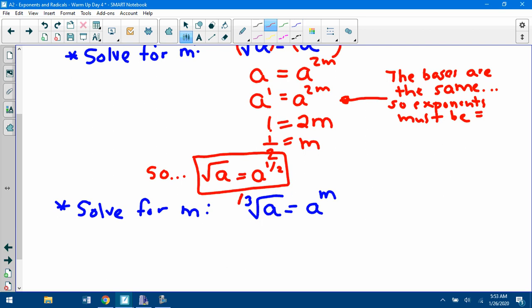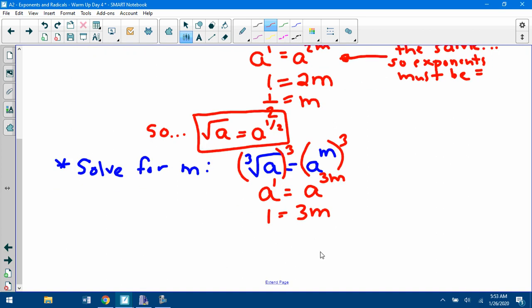Just like I squared both sides last time, I'm going to cube both sides this time. That leaves me with just a equals a to the 3m. Just like last time, this is really a to the first. If the bases are the same, I can say 1 has to equal 3m. Divide by 3, and you get that m is 1/3.